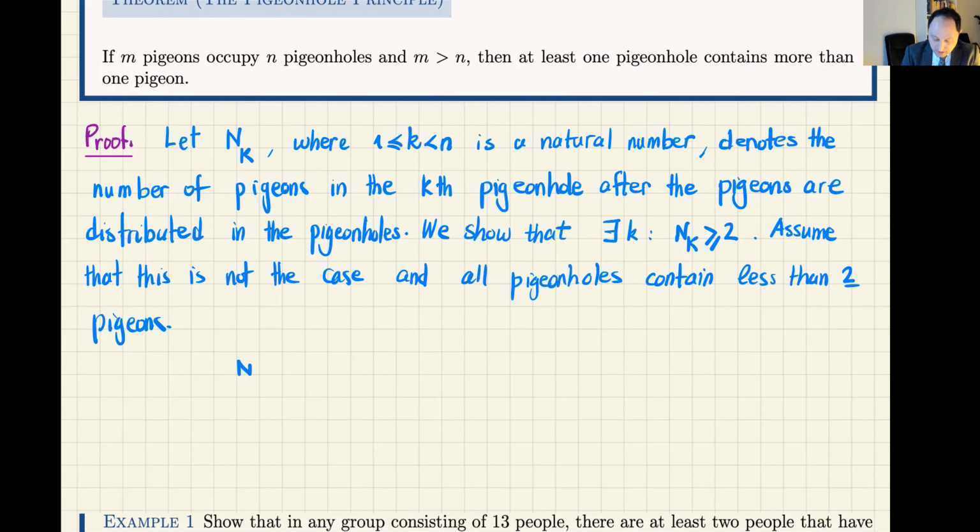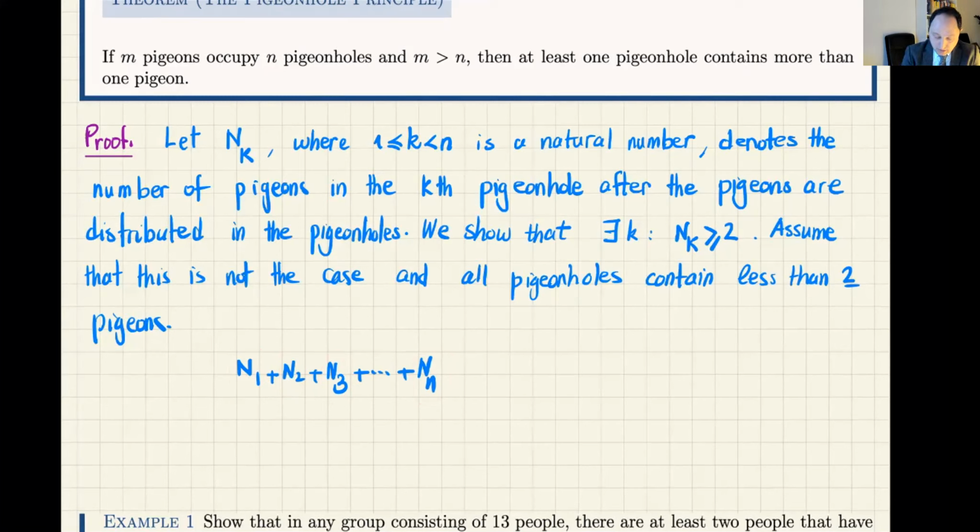If I add n1 plus n2 plus n3, and so on up to n sub n, this means the number of pigeons in the first pigeonhole, the number of pigeons in the second pigeonhole, the number of pigeons in the third one, and the number of pigeons in the last pigeonhole, that is the nth pigeonhole, yes?